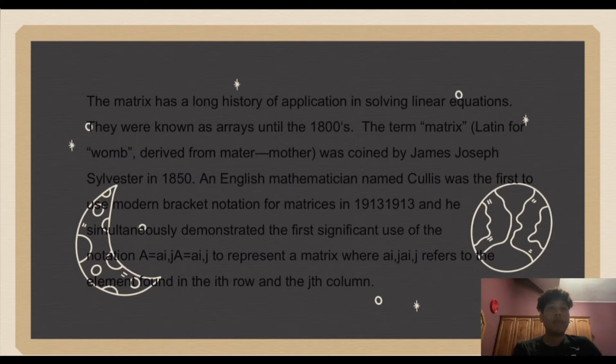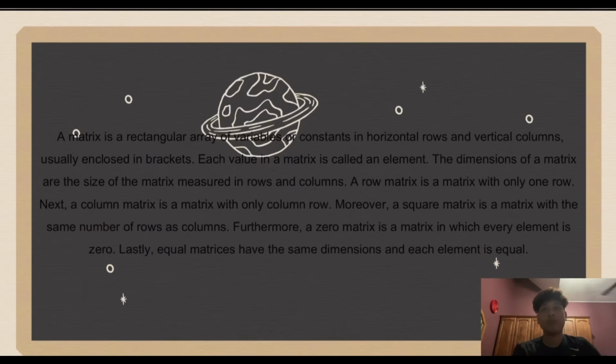An English mathematician named Cayley was the first to use square bracket notation for matrices, and he simultaneously demonstrated the first significant use of the notation A equals [a_ij] to represent a matrix where a_ij refers to the element found in the i-th row and j-th column.